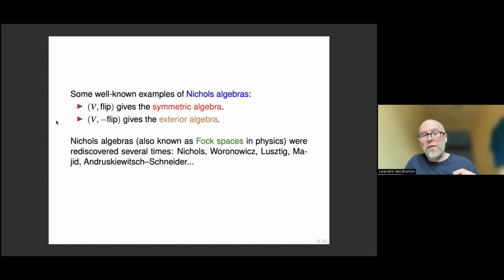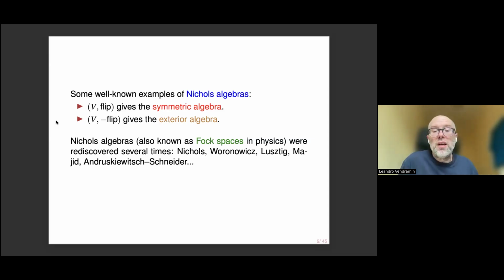So the first one is infinite dimensional, the second one is finite dimensional. And these two examples also make it easy to see that these objects are rather important.